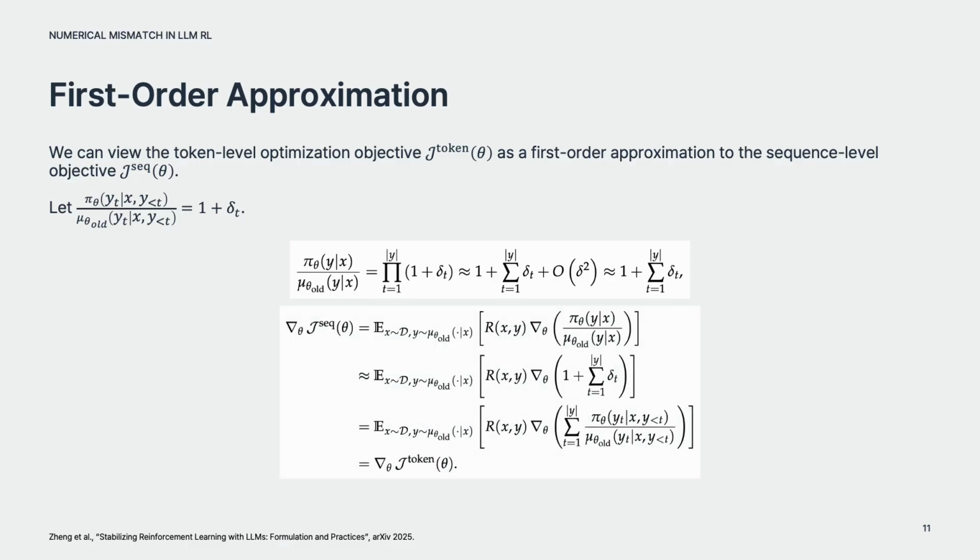Ignoring these higher-order terms, the sequence-level importance ratio becomes a sum of terms that do not depend on the model parameters theta. Substituting this approximation into the gradient of the sequence-level objective, one can show that the summation term cancels out during differentiation, and the resulting expression reduces to the gradient of a token-level objective weighted by the token-level importance ratios.